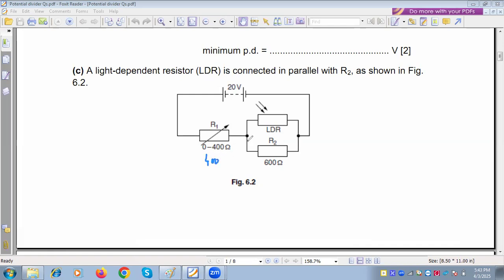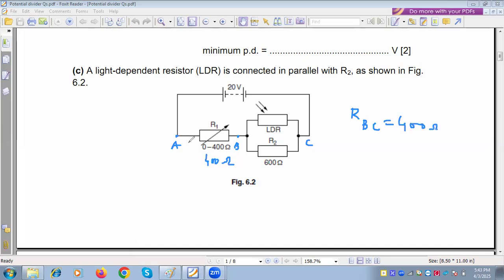I may label the points A, B, and C. So AB is 400 ohm and the combination resistance between BC is also 400 ohm, as we just calculated. So they are equal in value.